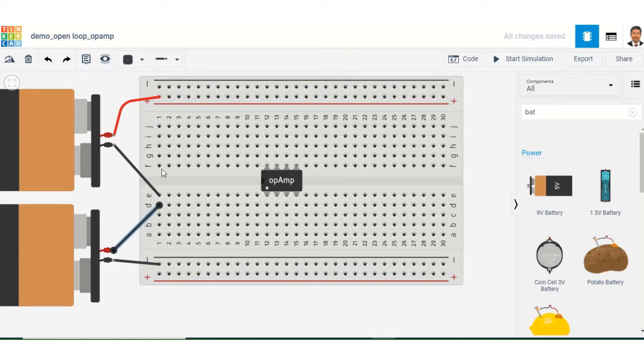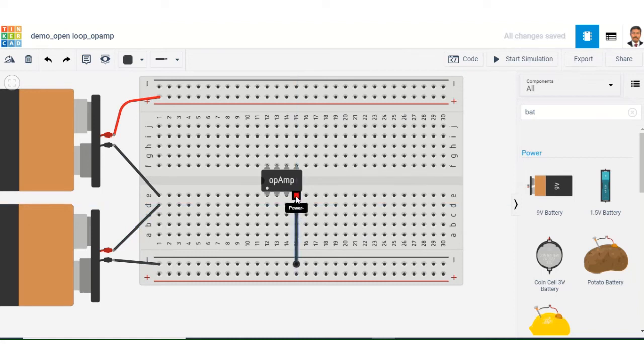Shall we give the positive power supply? Where should we give it? This is input, this is also input, this is the negative power supply. So I'm going to give this negative power supply to pin number 4.